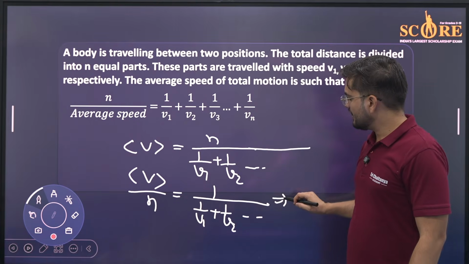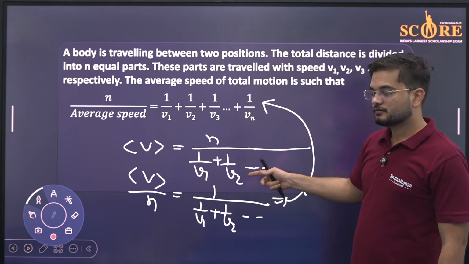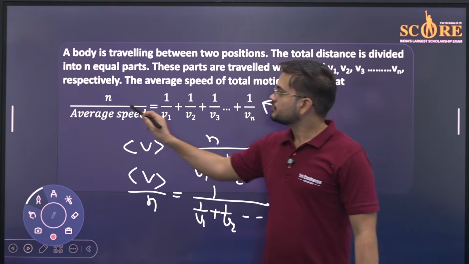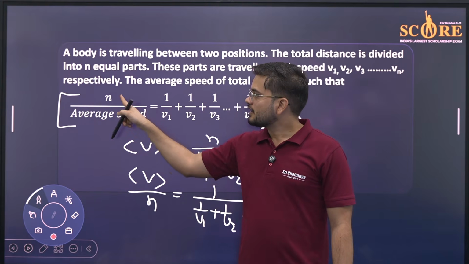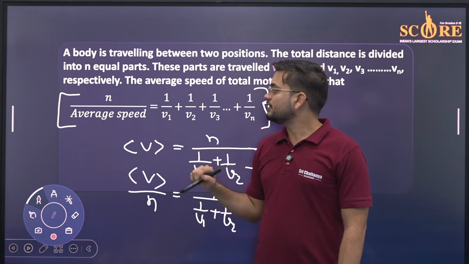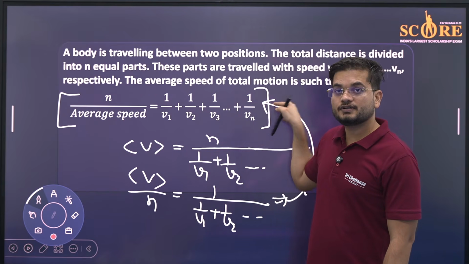You can derive this part. You got the point? So you should remember this equation: n by V average will be equal to 1 by V1 plus 1 by V2 plus 1 by V3, 1 by V4 and so on.